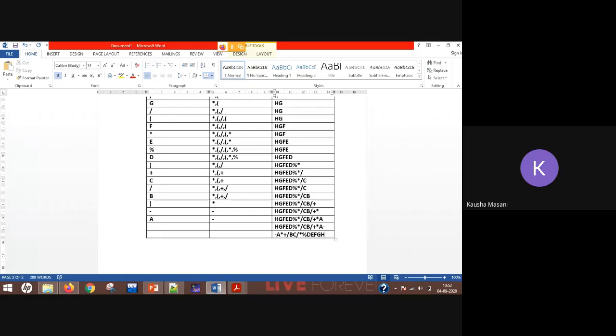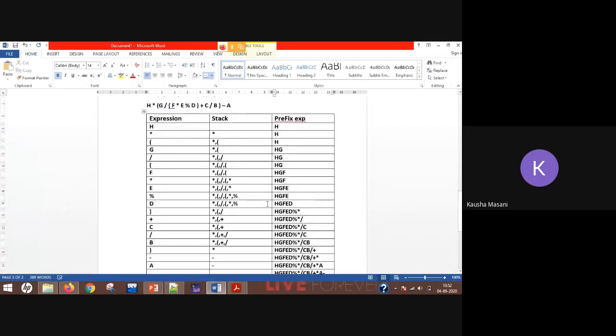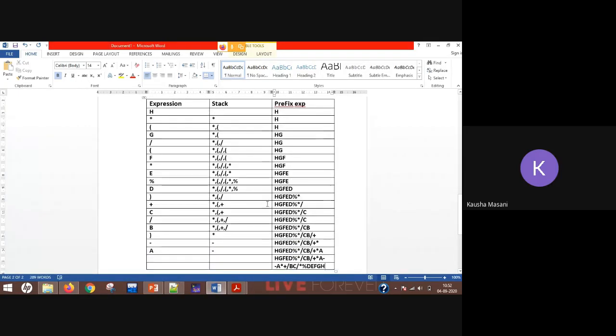Everybody clear with the examples? Four examples we have discussed so far. This one was the fourth example. Yes or no, students? Any doubts? Aditya, you have to re-evaluate. Your answer is not correct.